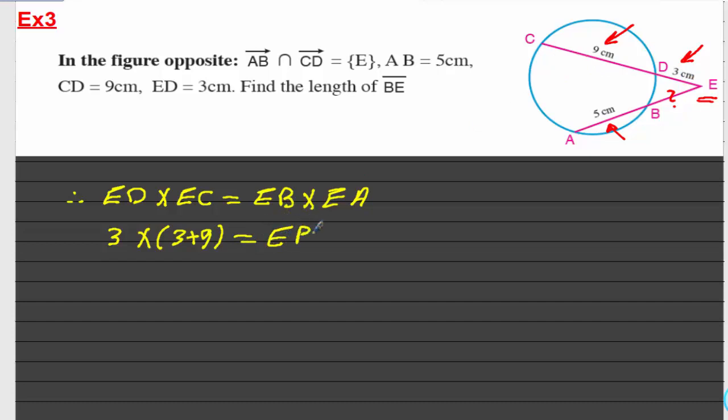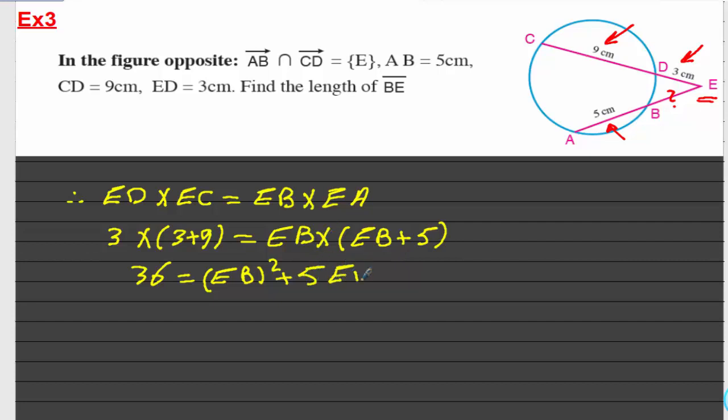EA is EB plus 5, and we complete. 3 multiply 12, it is 36, equals EB multiply EB, it is EB power 2, plus EB multiply 5, equals 5 EB.